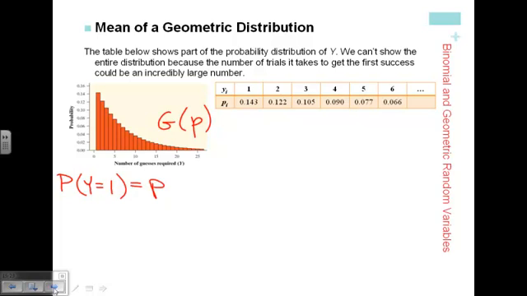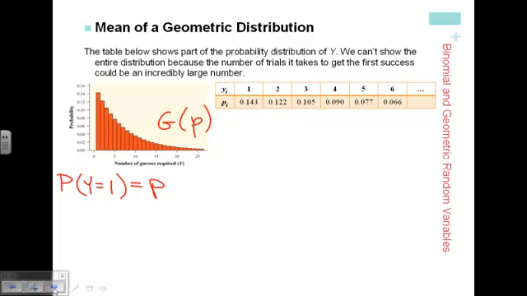And we know that probabilities are numbers between 0 and 1. What's K again? K is exactly the number of trials until success.